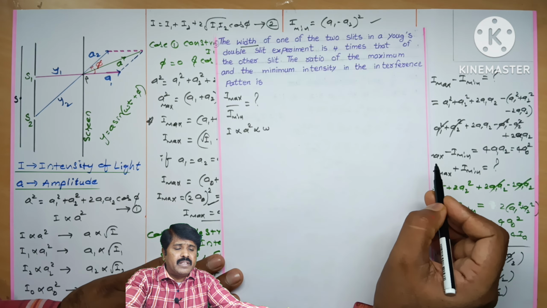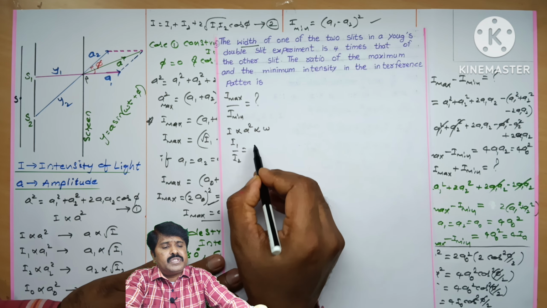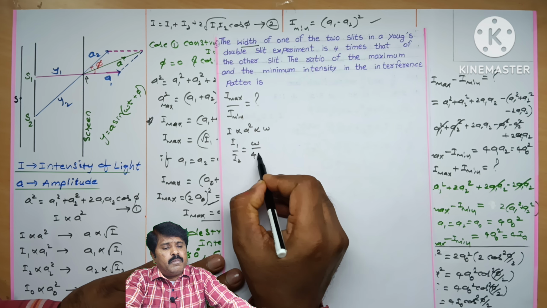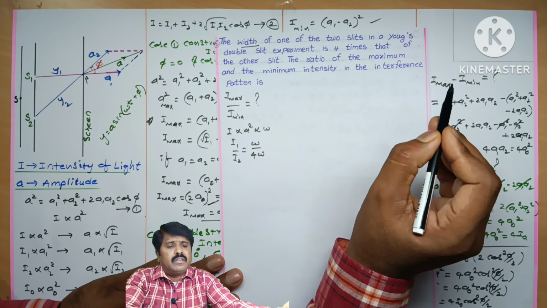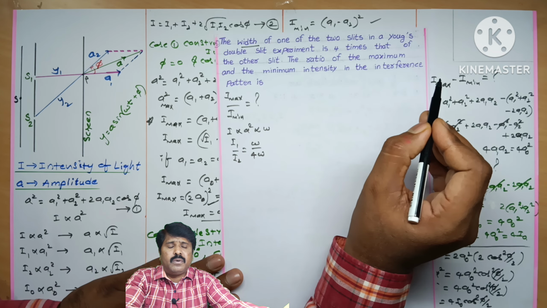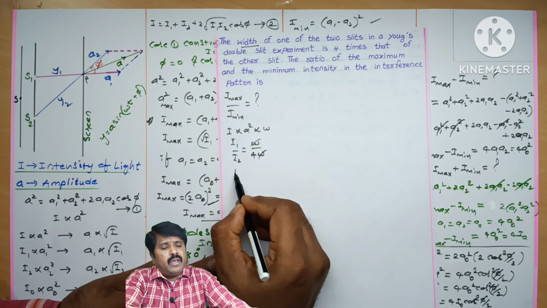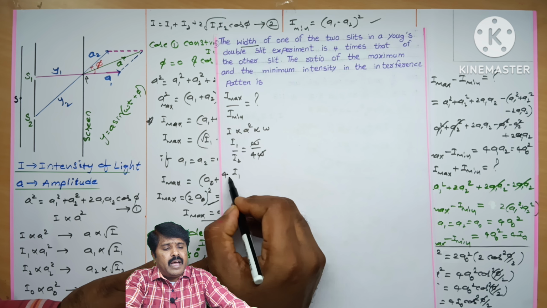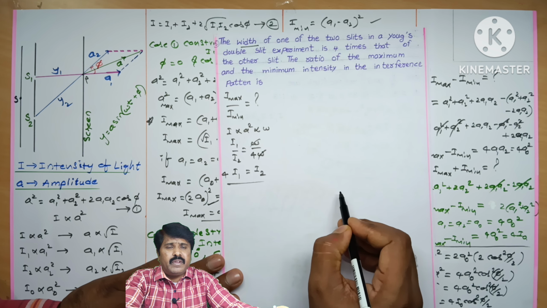W represents the width of the slit, so I can write I1 by I2 which is equal to W divided by 4W, because of 4 times the initial slit width given. Okay student, so W gets cancelled. I1 divided by I2, so directly I can write 4 I1 is equal to I2. I got the relation between them.